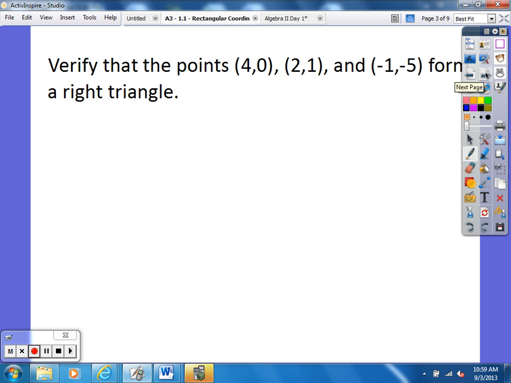All right, so we're going to verify that these points are a right triangle. Go ahead and write the question down. And you can abbreviate the questions however you like, just so you know.